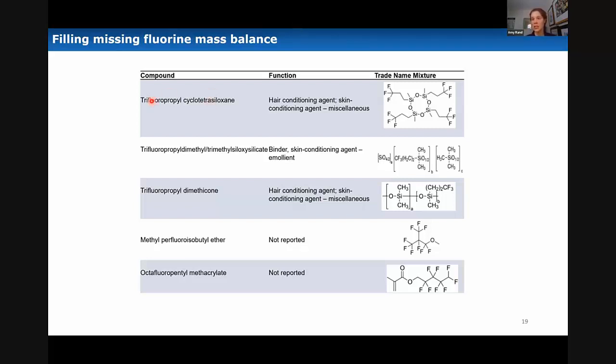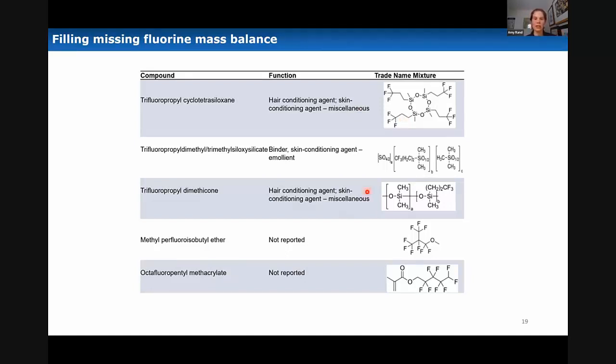So in addition to quantifying for the actual ingredients, the mass balance may be filled by also measuring for the C2 PFCA, trifluoroacetic acid, or TFA, since some of these ingredients contained 1,2-fluorotelomere-based moiety, which then may be susceptible to degradation to form the C2 PFCA.